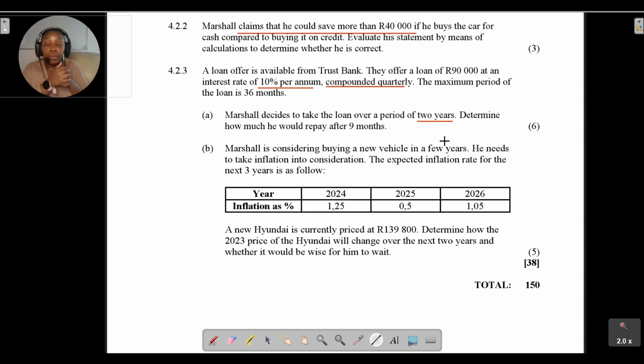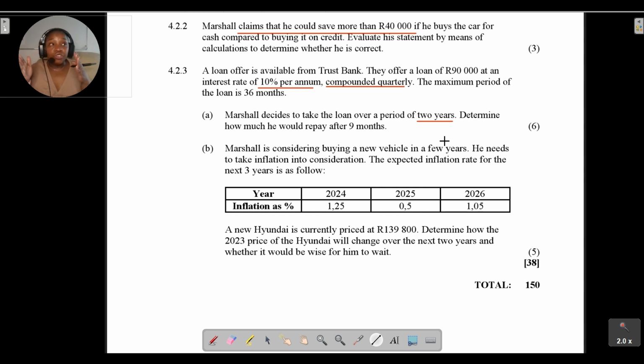For example, if you borrow 100 rand and you want to calculate simple interest, then you will just calculate the 100 multiplied by the interest rate multiplied by the period. Straightforward. However, with compound interest, interest is not added only on the initial amount of 100 rand, but even on the accumulated amount.